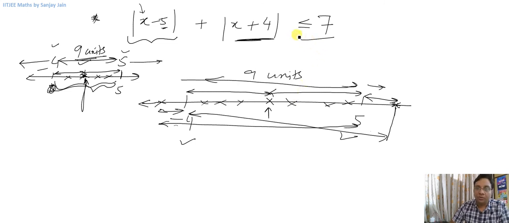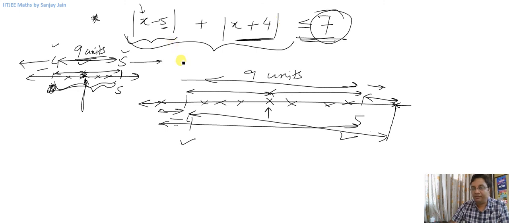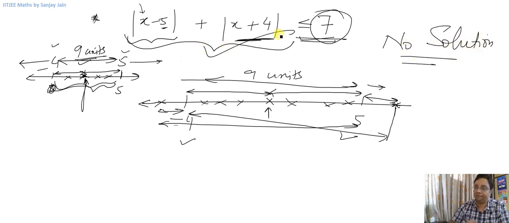So there is no question of this sum being lesser than or equal to 7. It can never be lesser than or equal to 7, so I have no solution for this inequality. Okay, so just by looking at it geometrically, I could have said that there is no solution to this inequation.